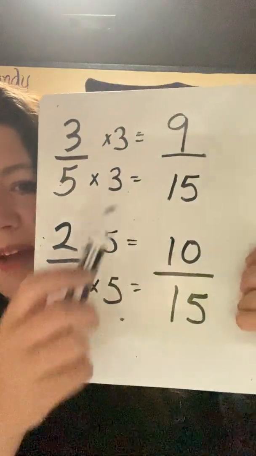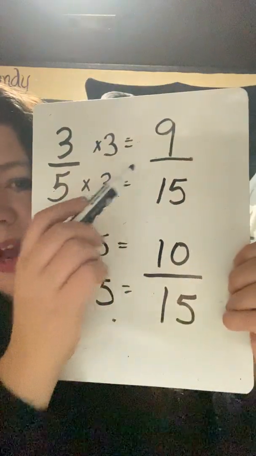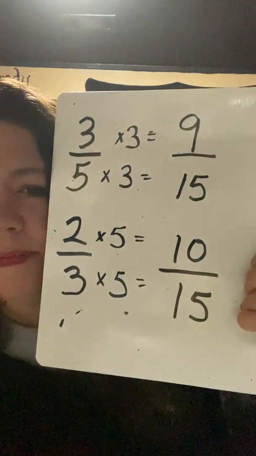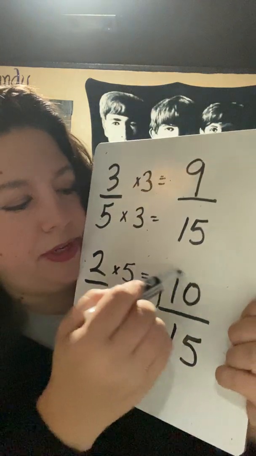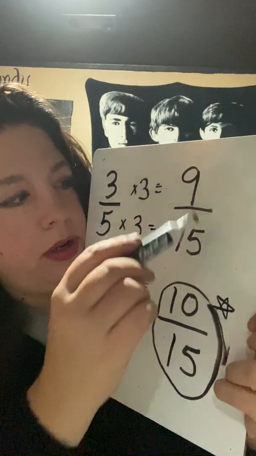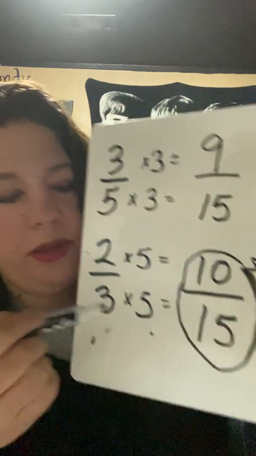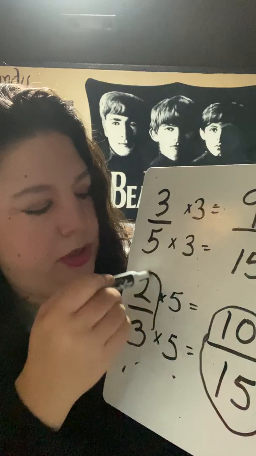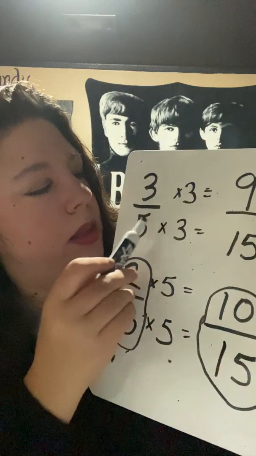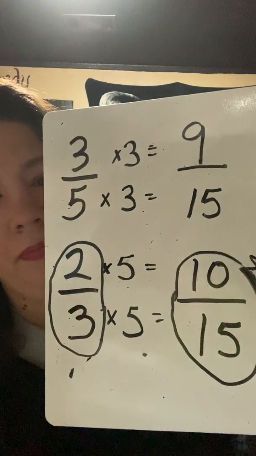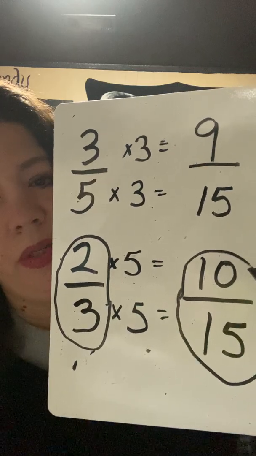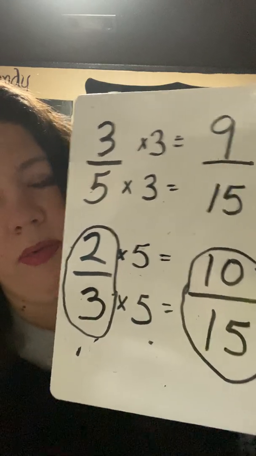So now that I have my two equivalent fractions, 9/15 and 10/15, now I can see which one's bigger. 10 out of 15 is more than 9 out of 15. So 2/3 is more than 3/5.